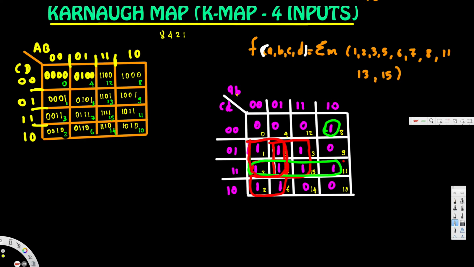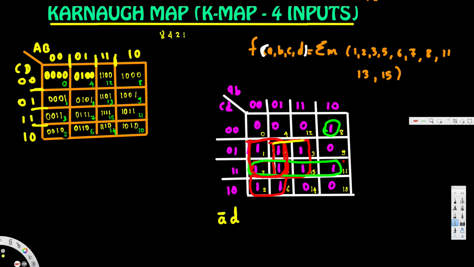If you look at A, B, A is 0, 0, not changing, B is changing. So we have to put A, but since A is 0, we have to put a bar on it, A complement, because since we are looking at sum of product, we have to change this into 1. Now if you look at CD, C is changing, D is not changing, but D is already 1, so we can just directly put it as it is.